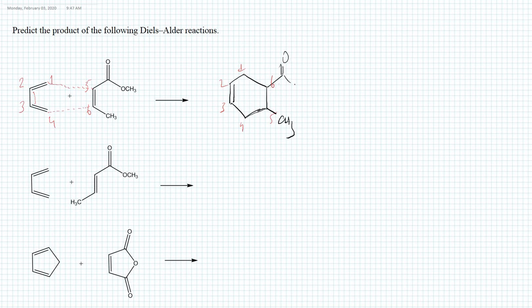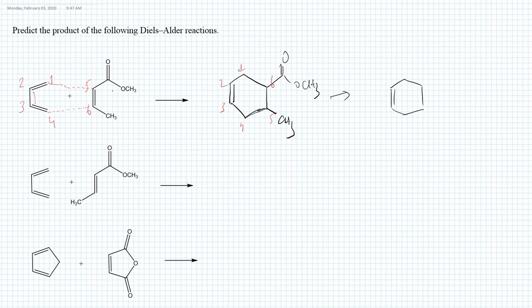Number 6 has CH3. If you look at the structure, actually the structure does not reflect the stereochemistry of the product, since we started with a cis alkene here. The resulting cyclohexene should reflect the same stereochemistry. So let's correct the stereochemistry.